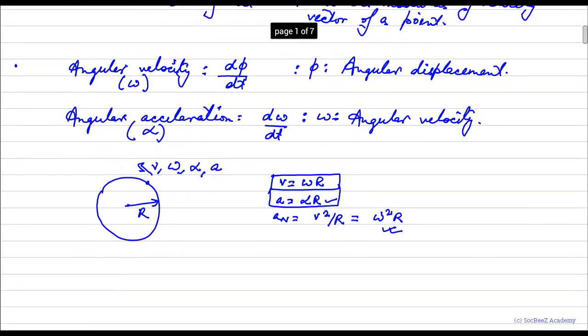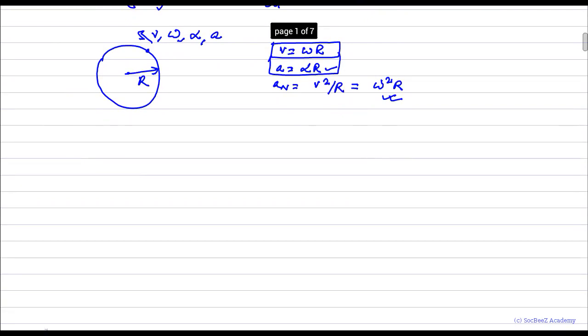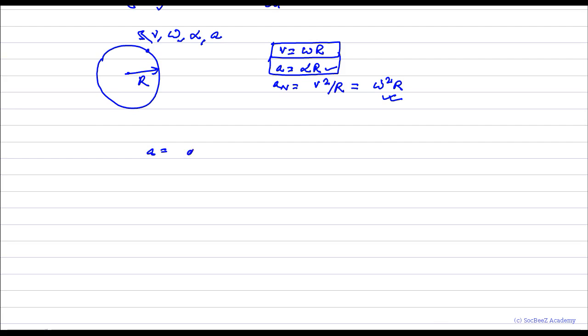Now let us find out the equations of motion. I had defined the instantaneous velocity as v, and the instantaneous acceleration a was given by dv by dt.